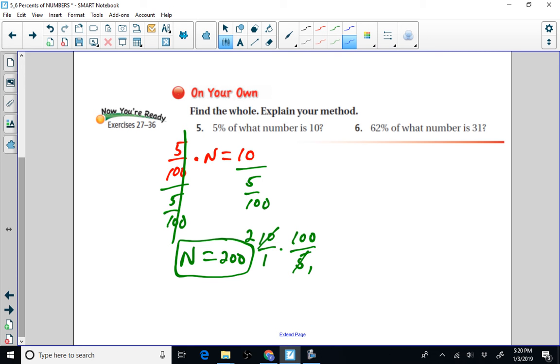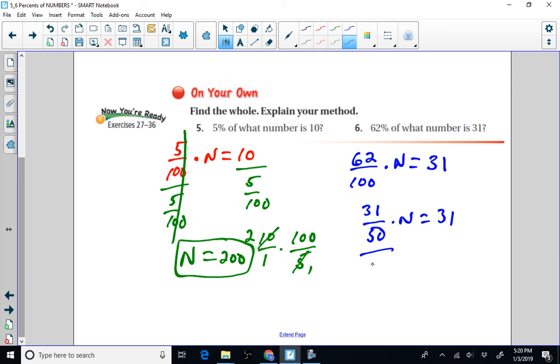Let's take a look at example 6. 62% of what number is 31? I take my 62, write it over 100. The word of is multiply. The phrase what number is our variable. The word is is our equal sign, and we have 31. Now, 62 over 100, I can divide that out as 31 over 50. So 31 over 50 times n is equal to 31.